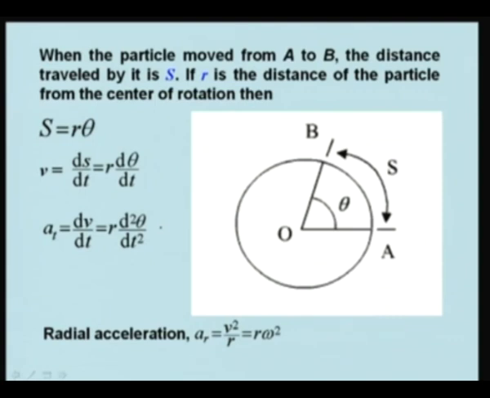Radial acceleration ar will be v square by r. Putting v is equal to r omega, we get r omega square. So therefore, as the distance of a particle increases from center O, its radial acceleration increases.